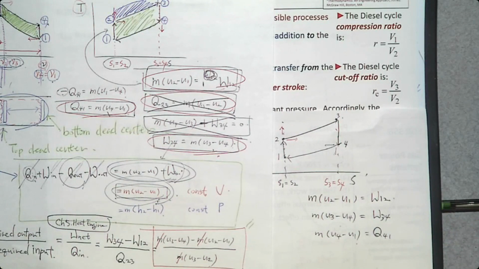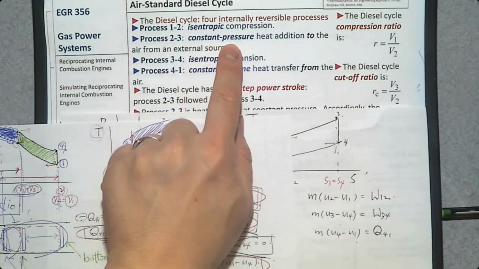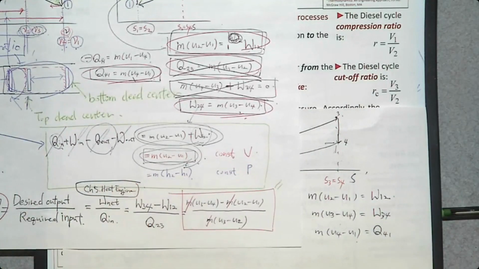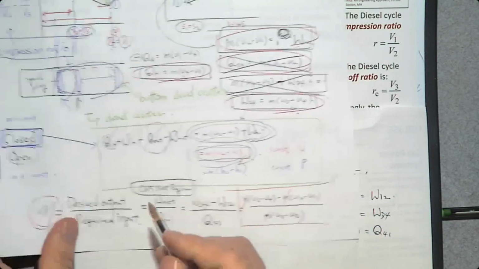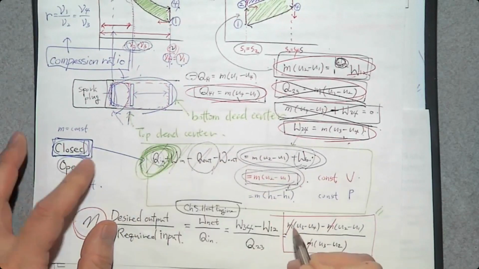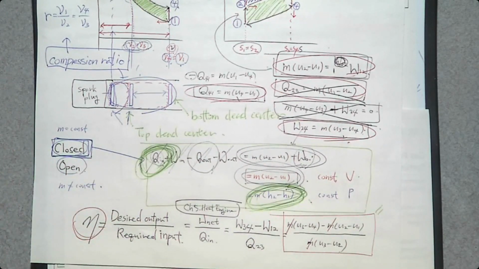process 2 to 3. Why? Because process 2 to 3 is a constant pressure process. So let's go back to this energy balance equation. Where is the constant pressure process? This blue one. So we are going to use this one. So it's a constant pressure heat addition. Heat is added when pressure remains constant. So the equation is going to be Q in.